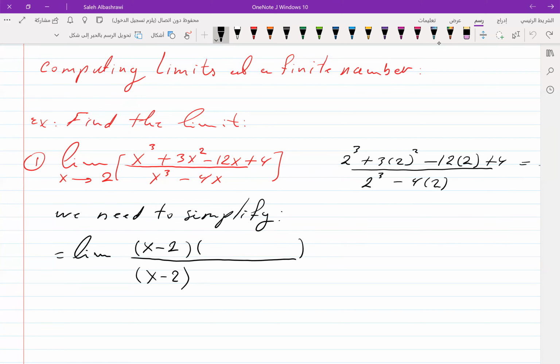Now, x minus 2 is one of the factors. The other one, we need to find.